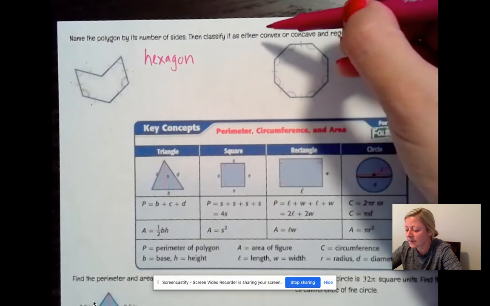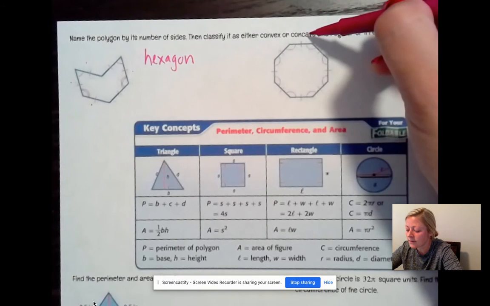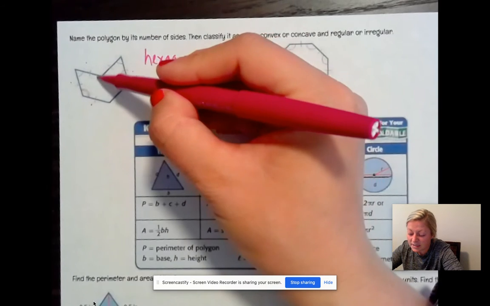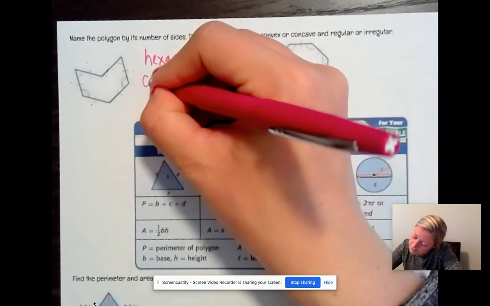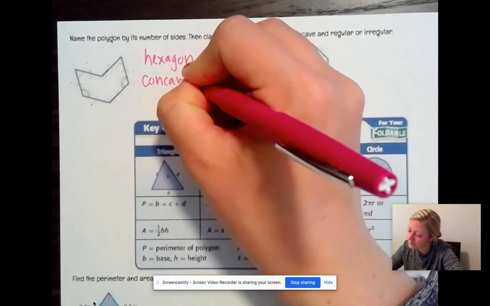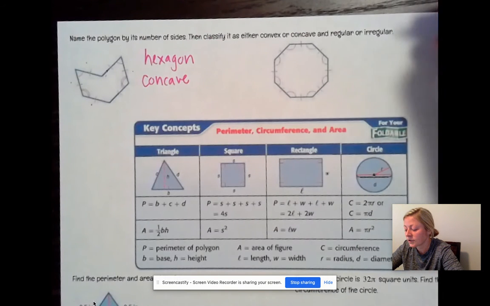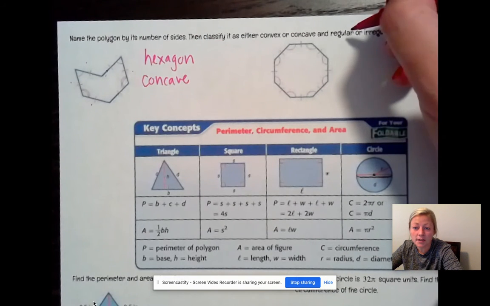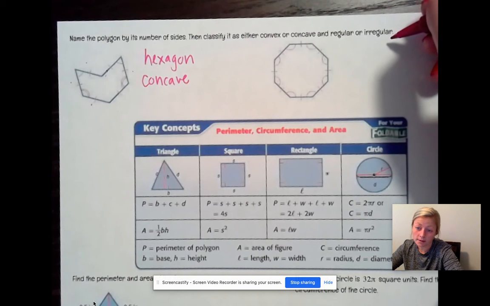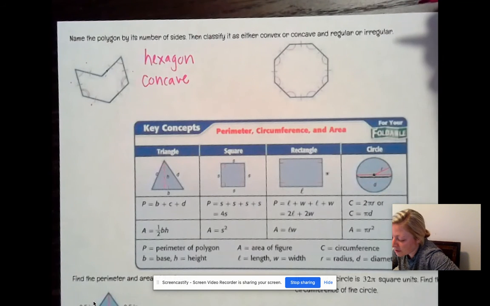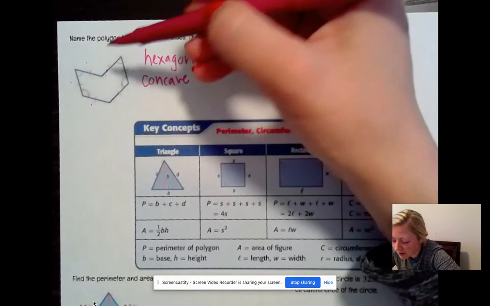Then we're classifying by either convex or concave. We notice that it dips in right here, so that would make it concave. It's coming in. And regular versus irregular: remember, regular means all sides and angles are the same, and irregular would mean that they're not. Let's check out all of our sides. Do I have one tick mark on all my sides?